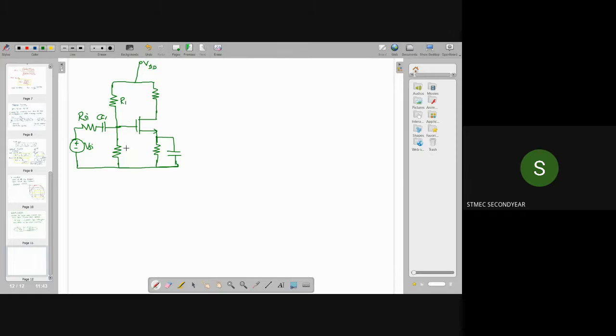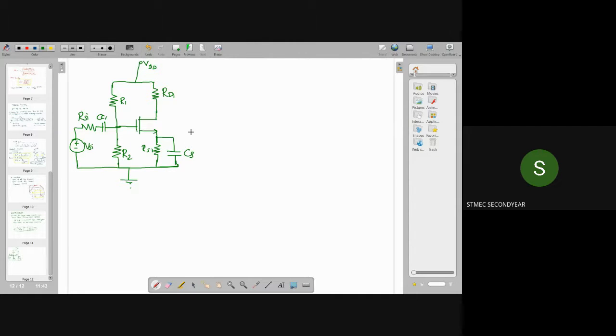And this R1 and R2 forms the voltage divider network for the biasing purpose. And here you will be having RD1. Okay, that is drain resistance. And here RS1, source resistance. And here you have a bypass capacitor, CS. Okay, so this is my common source amplifier.